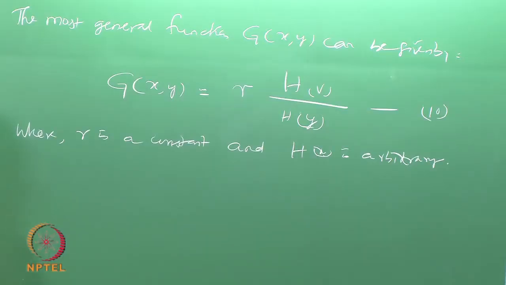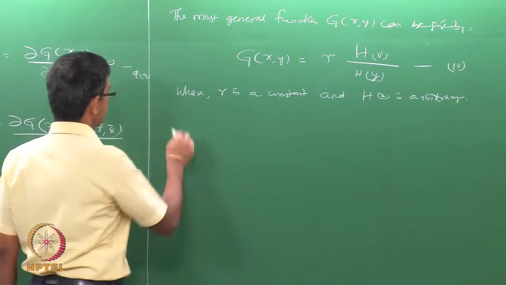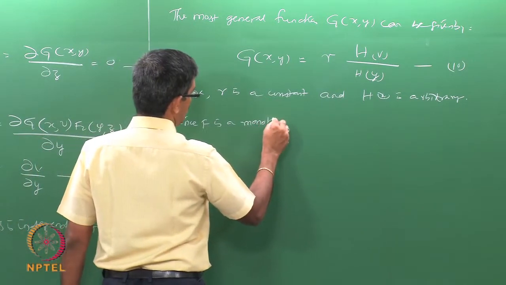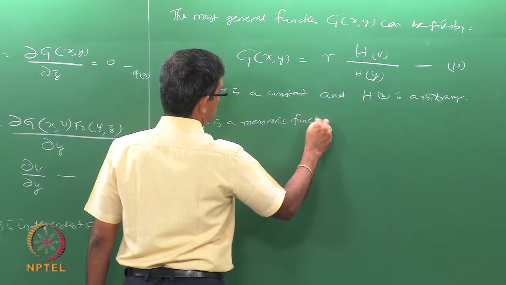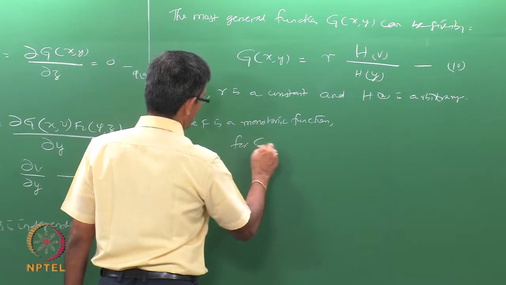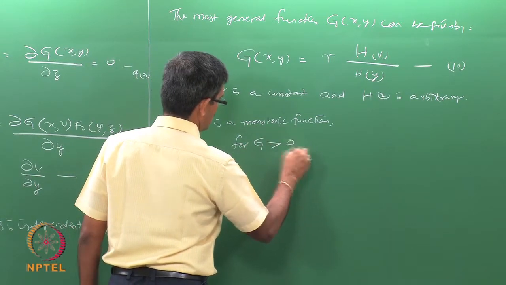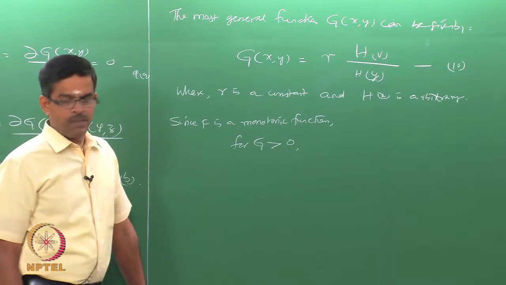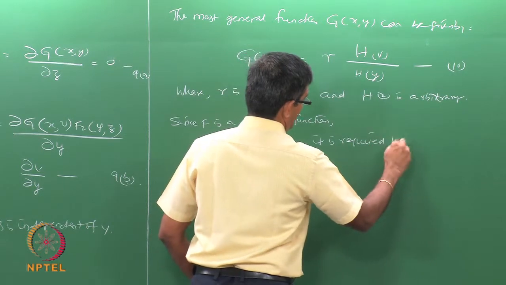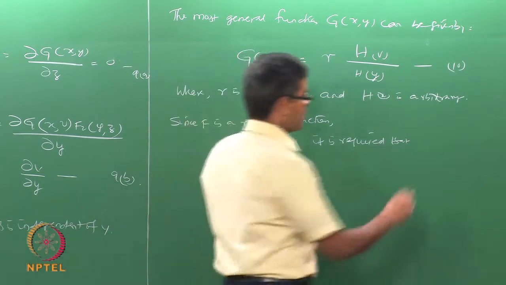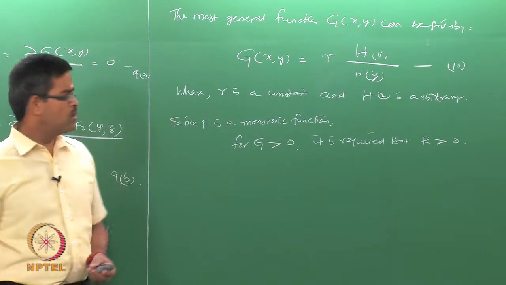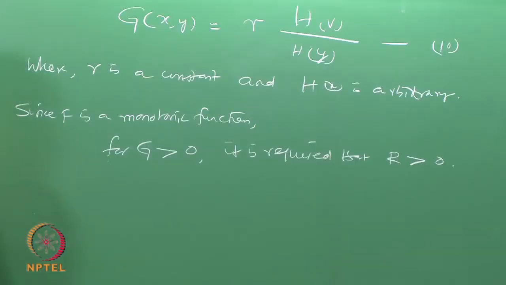Now, as we all understand, function f is a monotonic function. Since f is a monotonic function, for g greater than 0, it is required that r should also be greater than 0, then only the function can be a monotonic function.